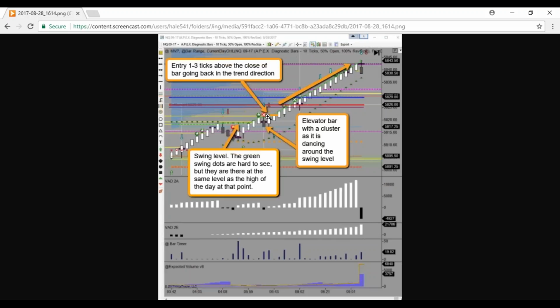So John says, is there a way to find these without being glued to the screen for many hours a day? Yeah, John, because we require a cluster, and the clusters have audio alerts. Okay, and notice the bar timer. When you think about slings or elevators, what are they? They're reversal bars. They take a while to form.